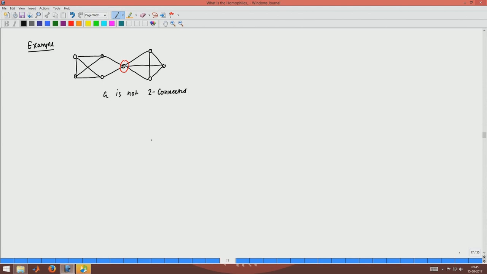So, we want to characterize when a graph is two connected. First we give a definition.